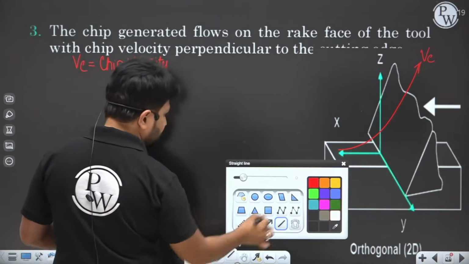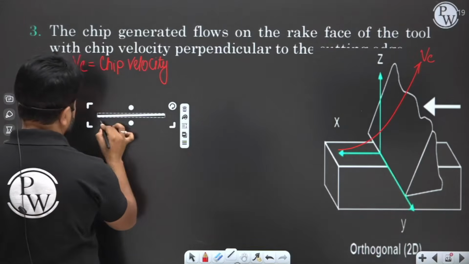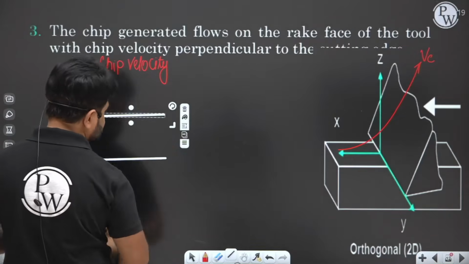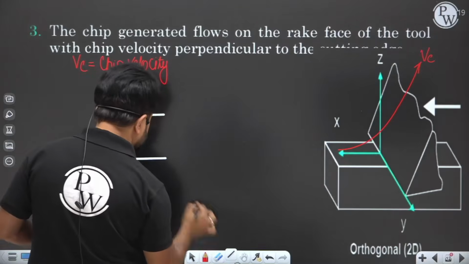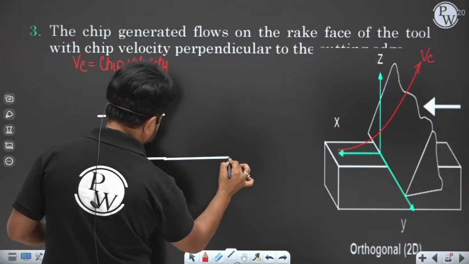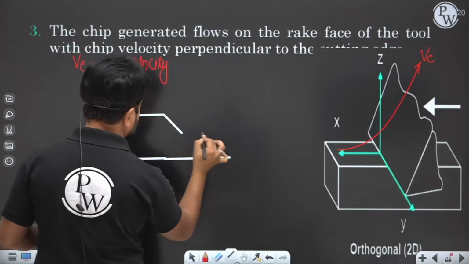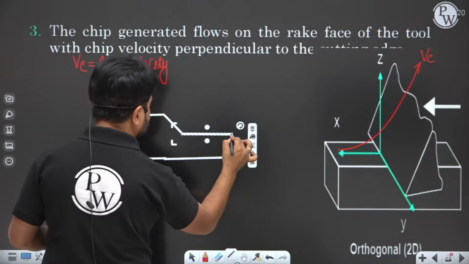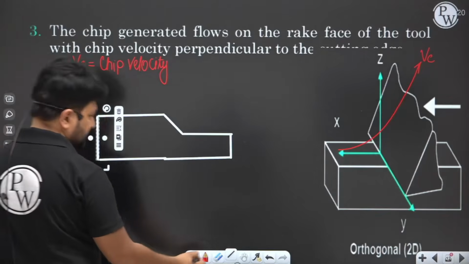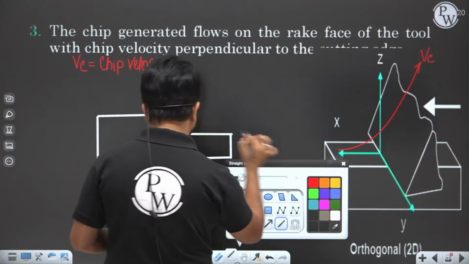I will draw the figure again. It is a three-dimensional figure, but I will draw it again from my side. See here, this is basically a two-dimensional figure, and here I am going to do a cutting operation.